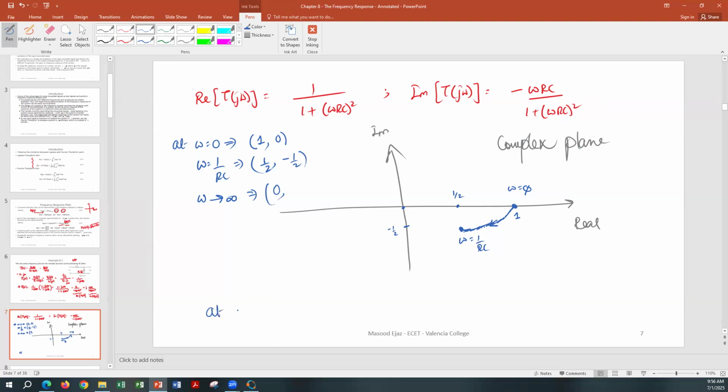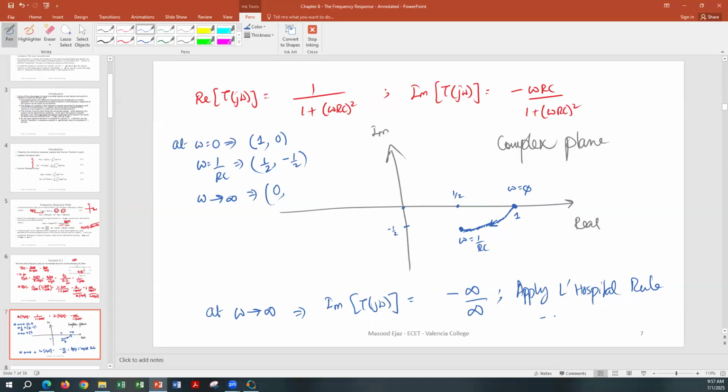So at omega tends to infinity, for the imaginary part of P of j omega, you take the derivative of the numerator with respect to omega.